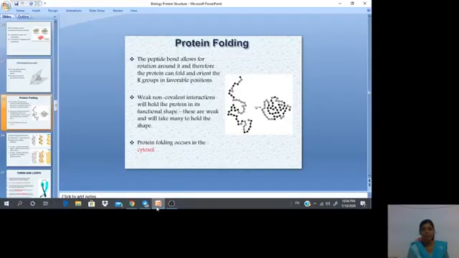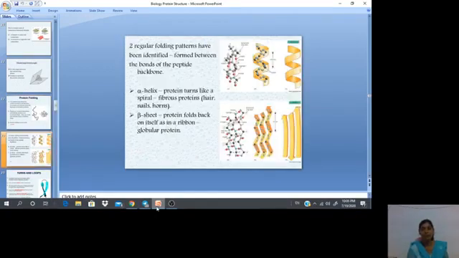Now, protein folding. The peptide bond allows for rotation around it, and therefore the protein can fold and orient the R group in a favorable position. Protein folding occurs in the cytosol, as shown in this diagram. Two regular folding patterns have been identified, formed between the bonds of the peptide backbone: alpha helix in figure 1, upper side, and beta sheet, shown in the lower side.